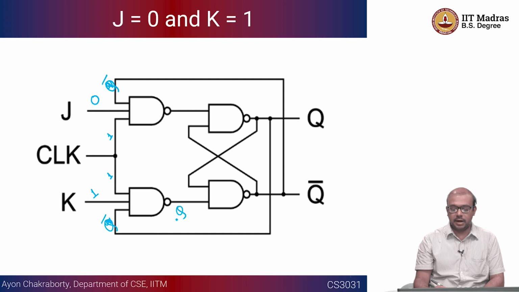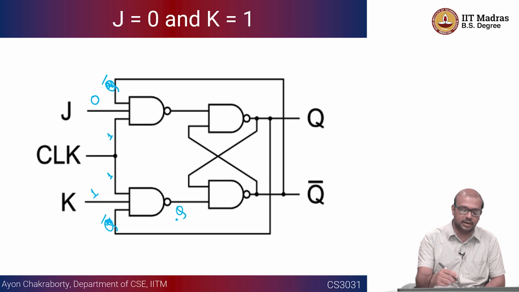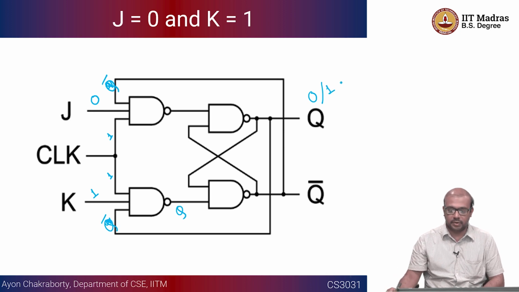You can work out the rest of the circuit, to see what exactly is going on and what value is coming. I think this was discussed in detail for the entire circuit. You can try it with Q equal to 0 as well as Q equal to 1, and we will soon see the state diagram.